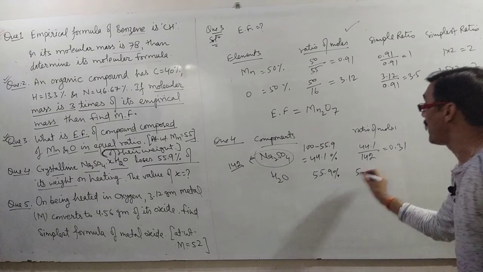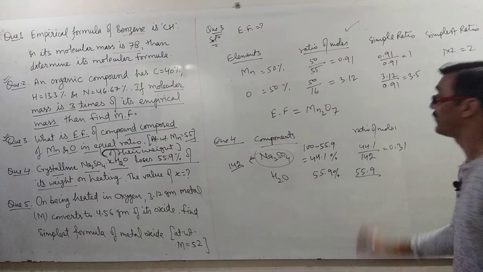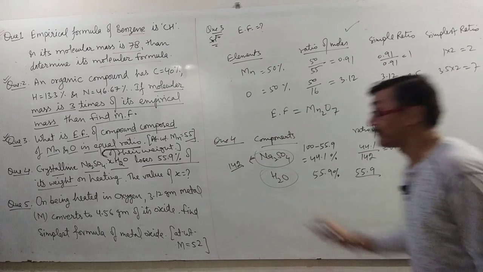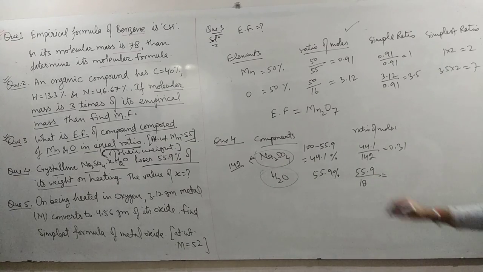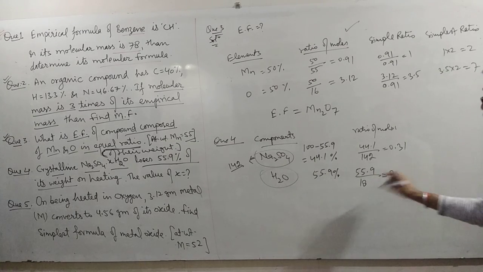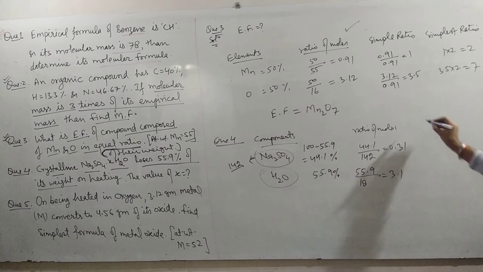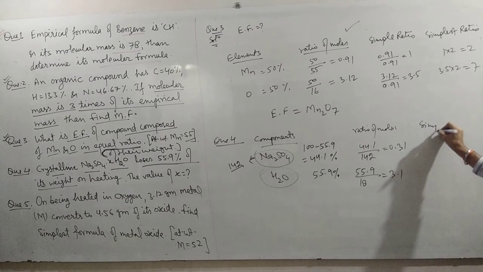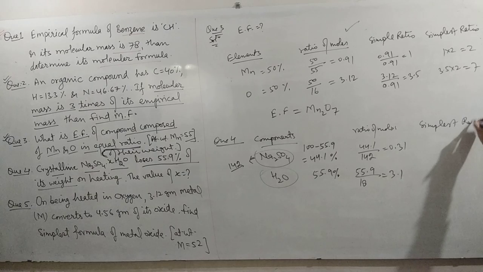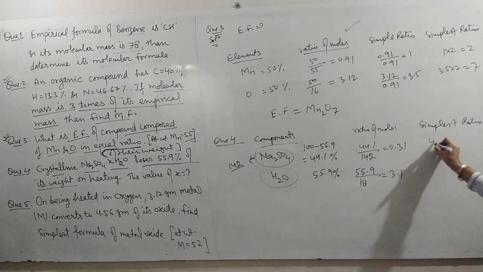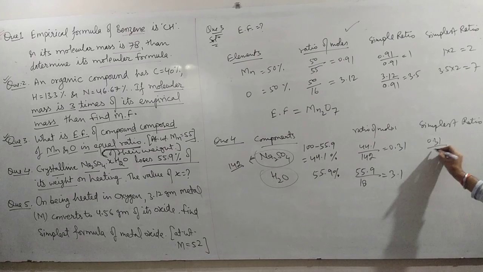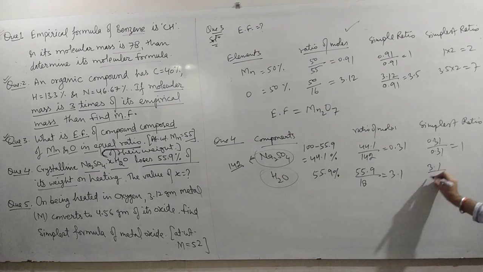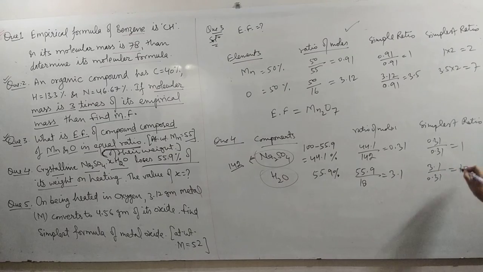And here, mass 55.9 divided by the molar mass of water, 18, is about 3.1. So for the simplest ratio, the smallest number 0.31 divided by 0.31 is 1, and 3.1 divided by 0.31 is 10.